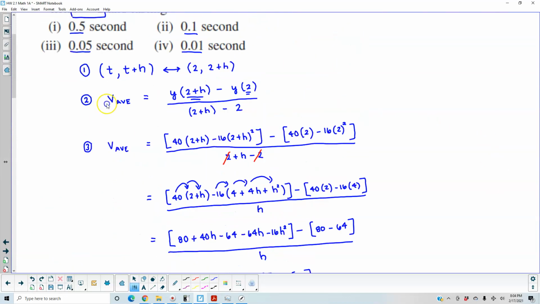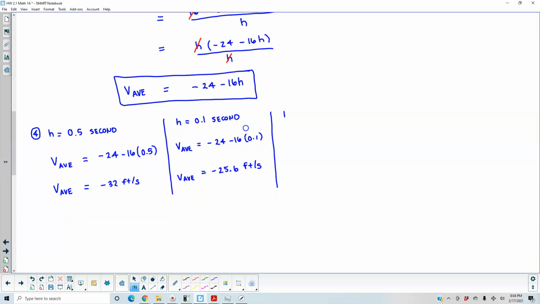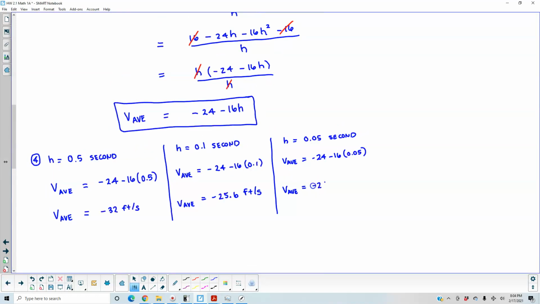The other values are 0.05 and 0.01. When h is equal to 0.05 second, we want to find the average velocity. That's negative 24 minus 16 times 0.05, so the average velocity there is negative 24.8 feet per second.